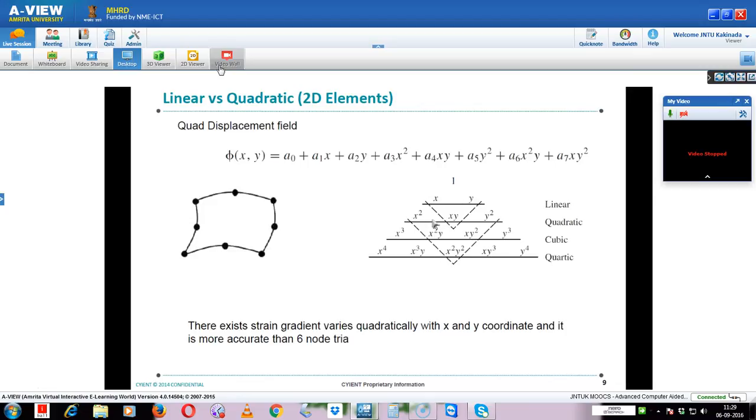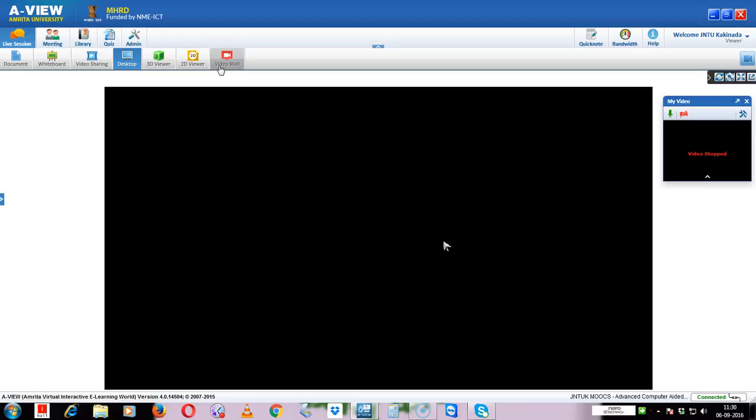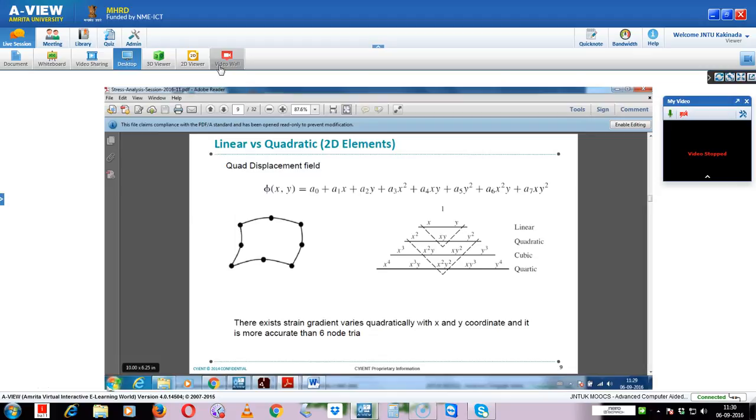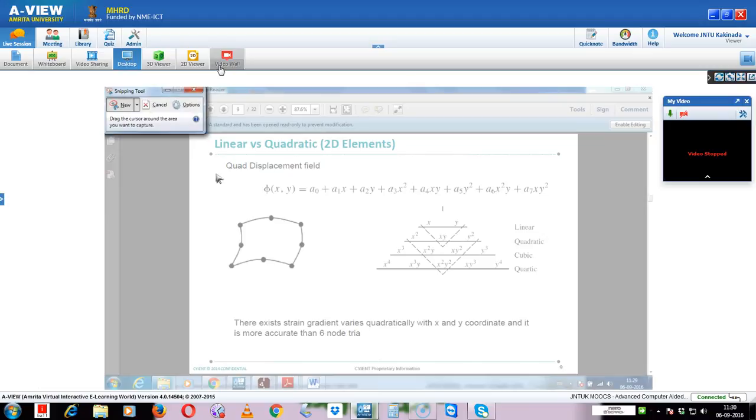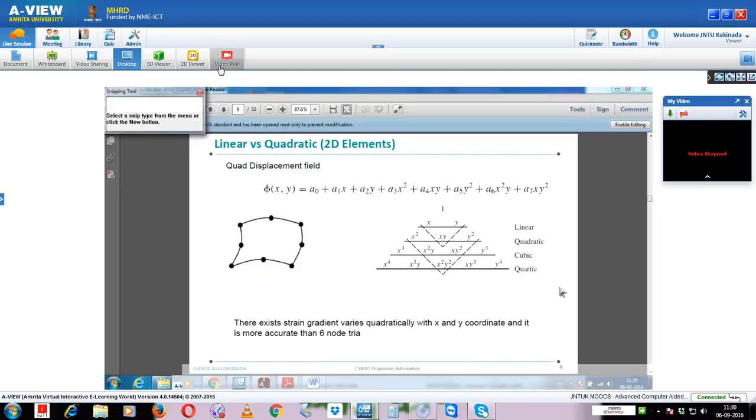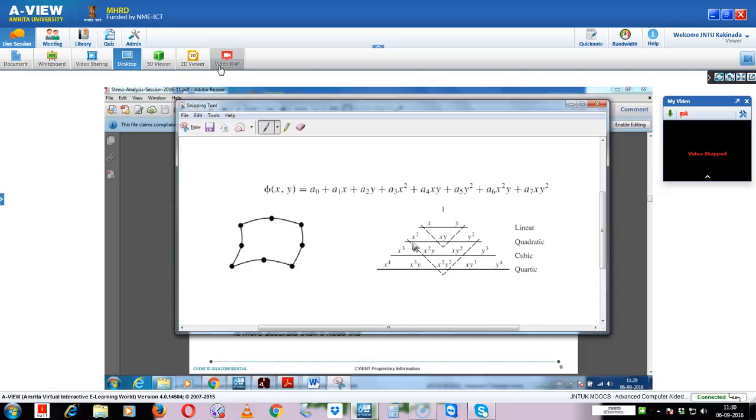So here: 1, x, y, x square, xy, y square, then x square y, then xy square. Up to this point we need to take. So these are the terms we need to consider.